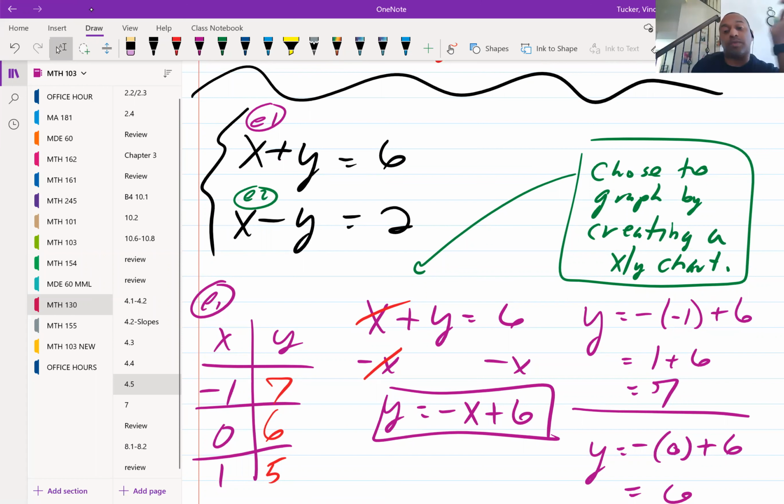You could use your slopes or you can use your y-intercept and x-intercept. It does not matter. I decided to do it this way for this one just to show you different ways you can do it. The next one, I believe I used your slopes.